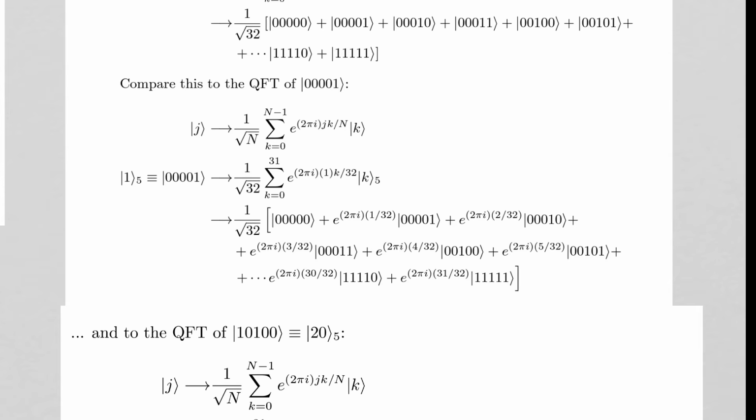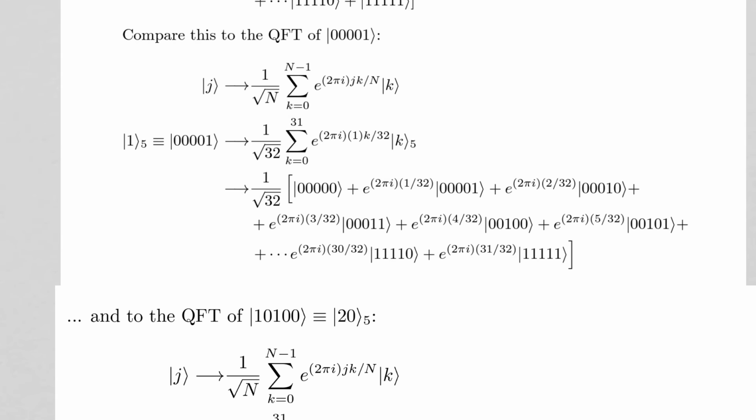But let's compare this to the quantum Fourier transform of a different state, say the one state. In this case, j equals 1. You can tell that I haven't really started to introduce my fives yet. I think, now that the light bulb is coming on as I'm typing out the LaTeX, I should be including these little fives in there. So now j equals 1, right?